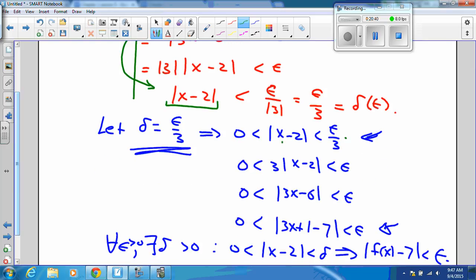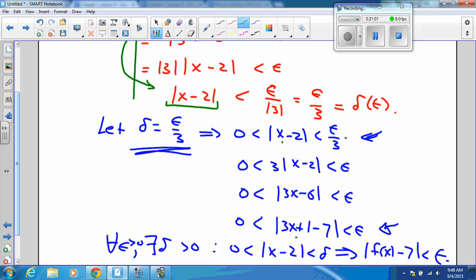That gave us the delta that we wanted, and so we reversed all of these steps to show that when I start off with x minus 2 less than delta, then I get to f of x minus 7 is less than epsilon. That's the way the game is played.